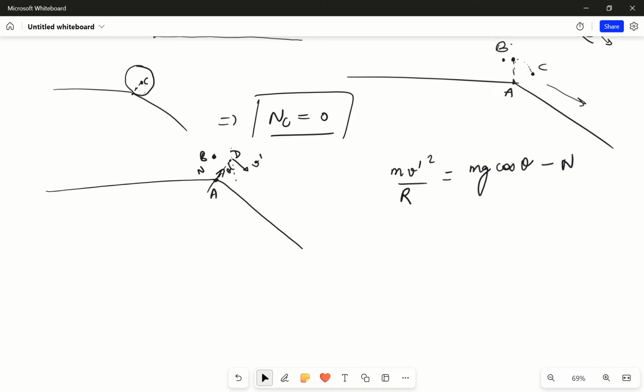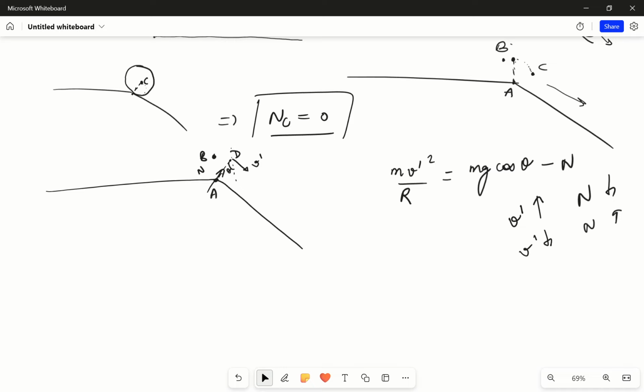So as you can see, if we are increasing the velocity, it means that the normal is decreasing, right? And if we are decreasing the velocity, it means the normal is increasing.